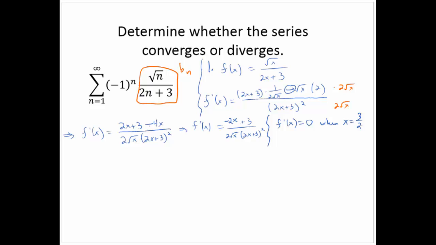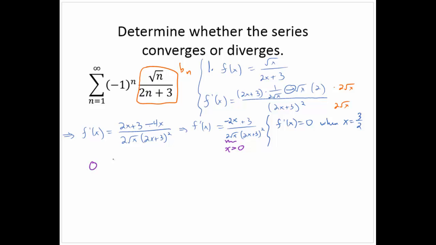All right, so we need to see what's happening between 0 and 3 halves, and after, considering the domain here. Notice we've got that 2 root x in the denominator, so the domain is x must be greater than 0. We have that restricted domain because of the square root. And so we need to test two intervals.